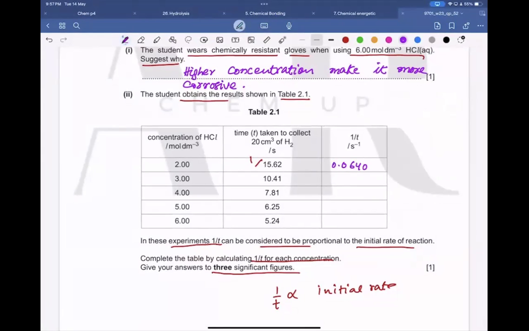Then 0.096. After 96, what is the next number? It's two significant figures, Mahveen, not three. Then 0.128. Okay.